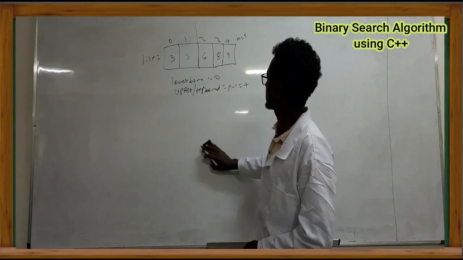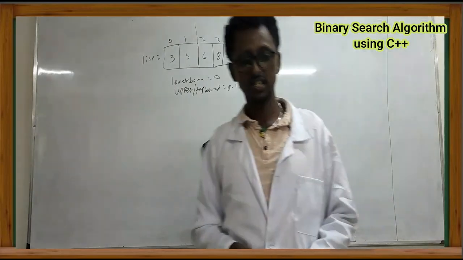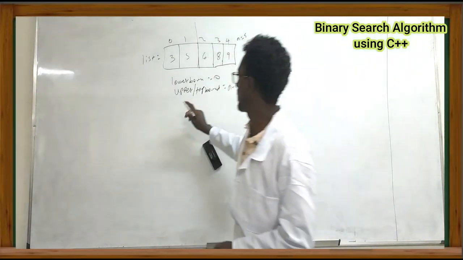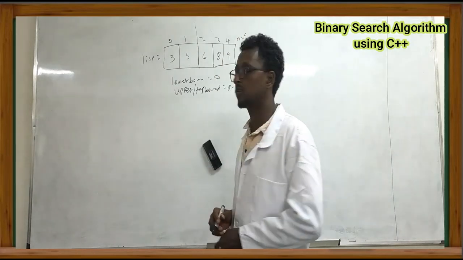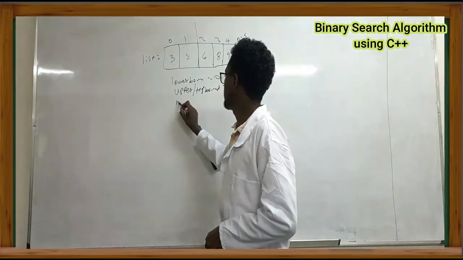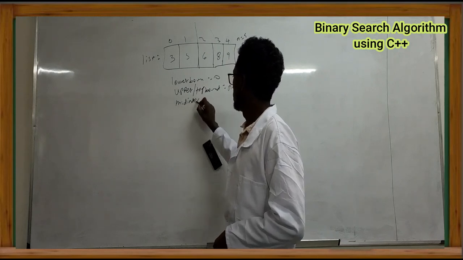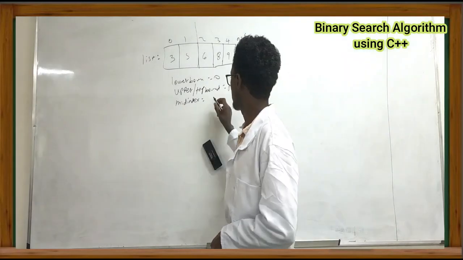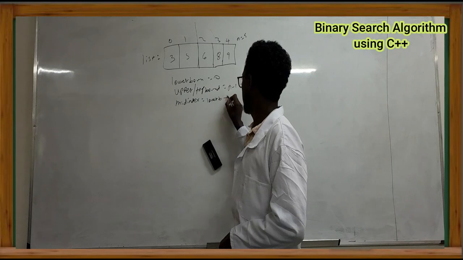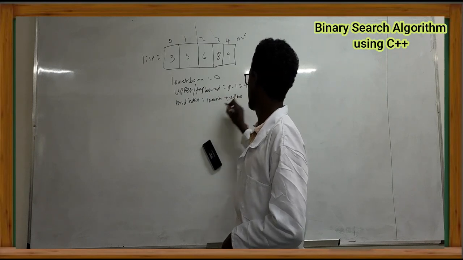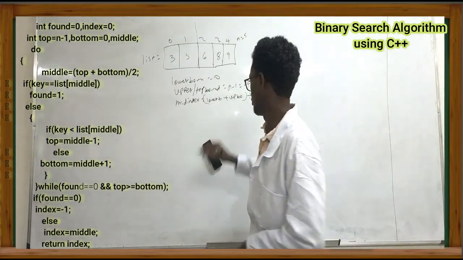So how does it work in the binary search algorithm? First, calculate the mid index of your array. The mid index is equal to the lower bound plus the upper bound, divided by 2, taking the average.